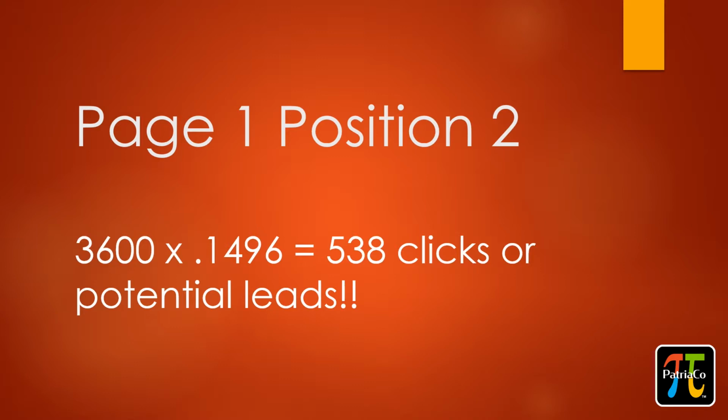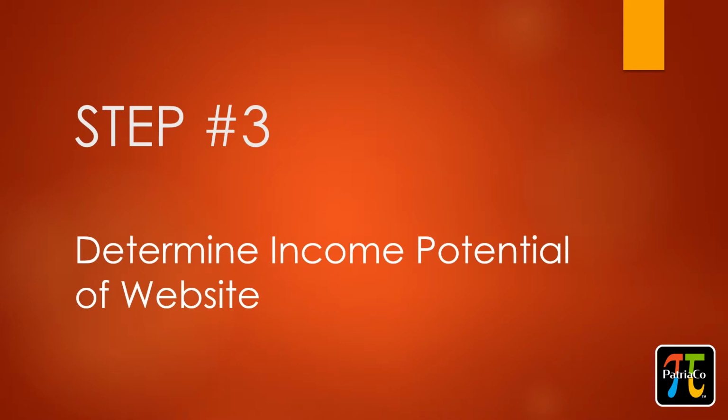Now, what does this mean money-wise? If we're looking at step 3, determining the income potential of your website for a Houston plumber, we can look at some other data and go out to Home Advisor.